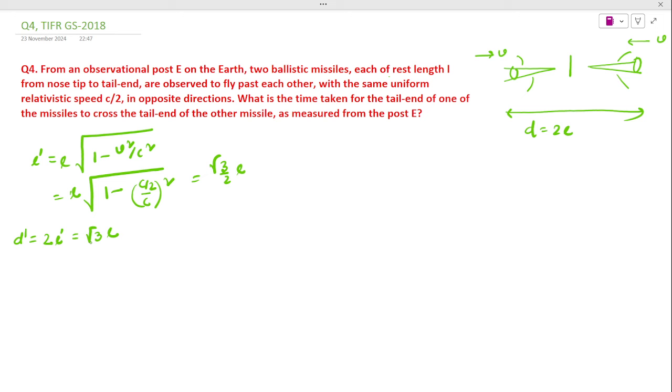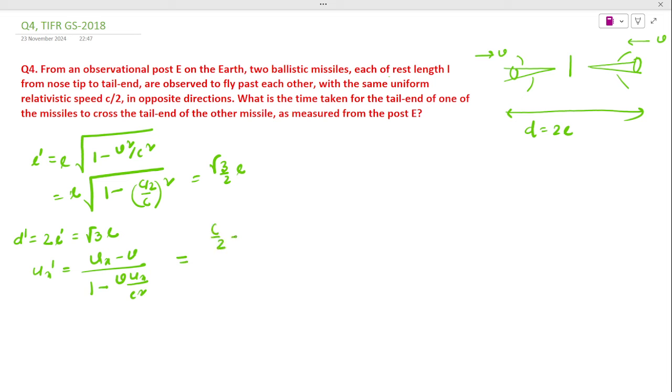So the relativistic velocity of the left missile with respect to the right missile: we apply the relativistic velocity addition formula, that ux dash is equal to (ux minus v) by (1 minus v ux by c square).